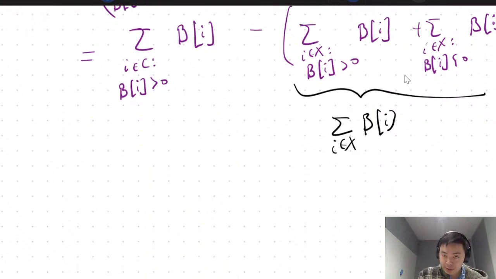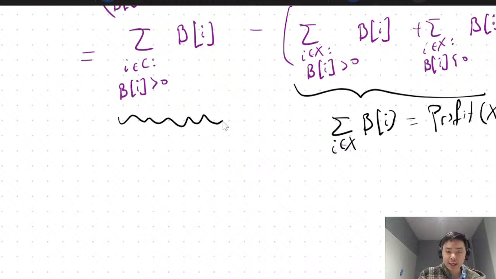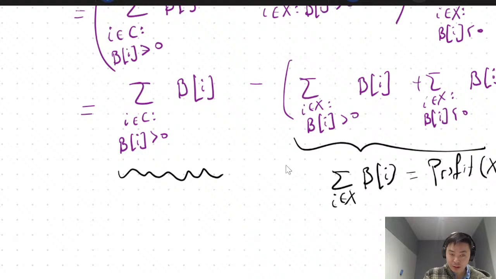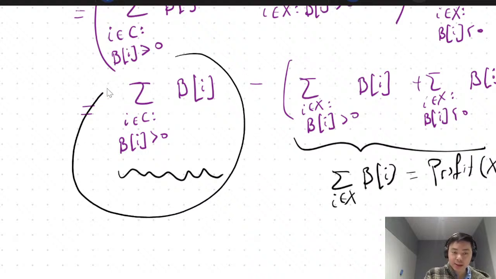So what we can see here is that this is actually just the profit of X. And what can we say about this part here? Does this portion of my sum correspond to anything about my cut? Remember, I had the cut XY.